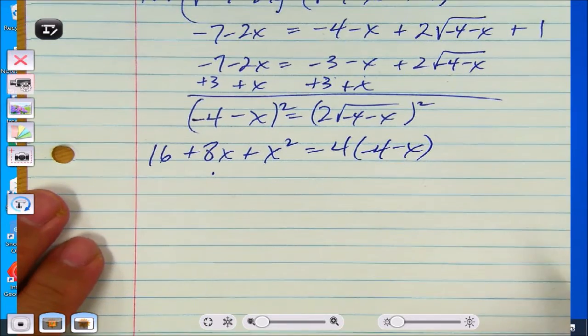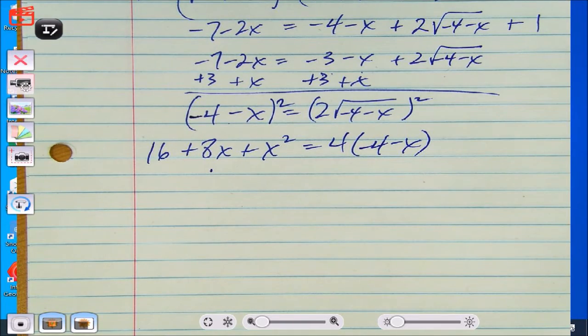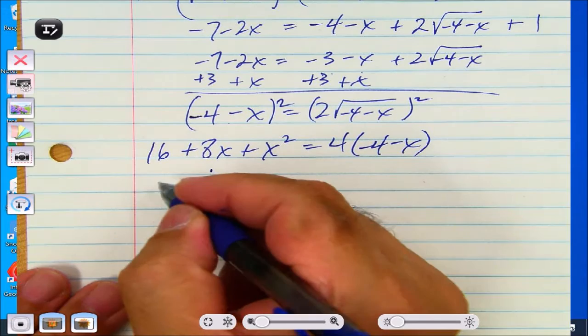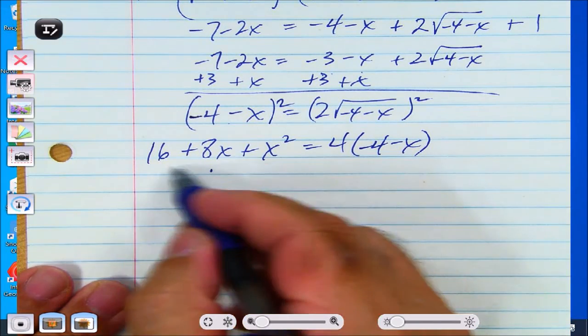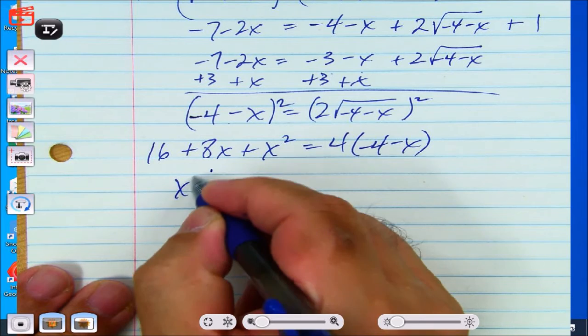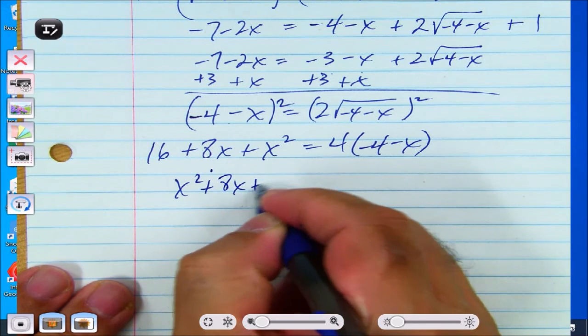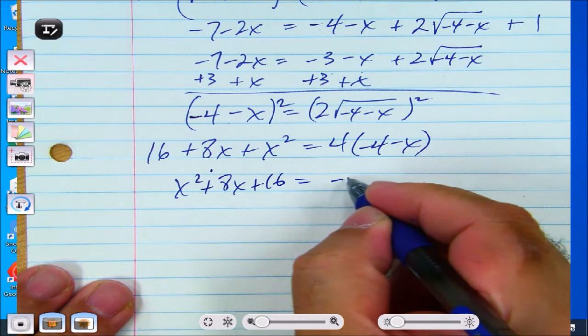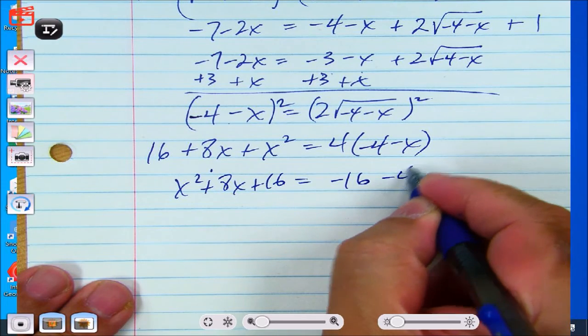I will pause while you catch up. Alright, now I'm going to distribute on the right and write this in the order that I like. I like x squared plus 8x plus 16 equals negative 16 minus 4x.